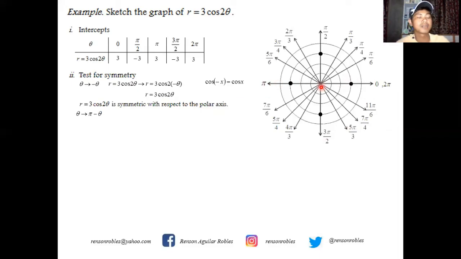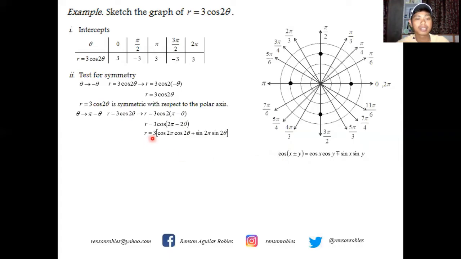We replace theta by pi minus theta. So we have r equals 3 cosine 2 times pi minus theta. Simplifying this part, you'll have r equals 3 cosine 2 pi minus 2 theta. And then you use this identity, the sum and difference of angles. So you have r equals 3 times cosine 2 pi cosine 2 theta plus sine 2 pi sine 2 theta.